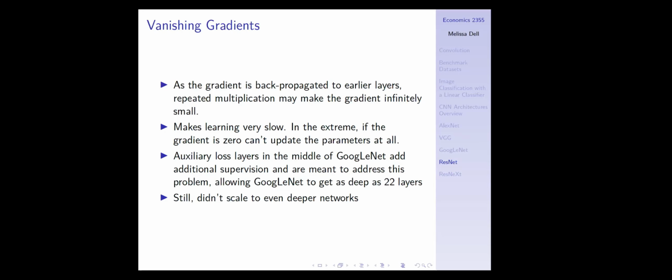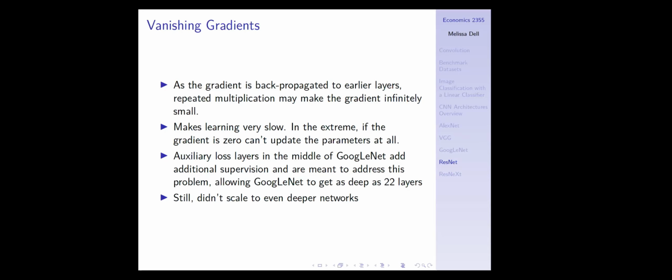And so the optimization problem, which was well known, is called vanishing gradients. Remember from last lecture that backpropagation is essentially the chain rule. So if you get a deeper and deeper network, say 152 layers, you're applying the chain rule through this entire very deep network. You're repeatedly multiplying by numbers that can ultimately make the gradient very small.